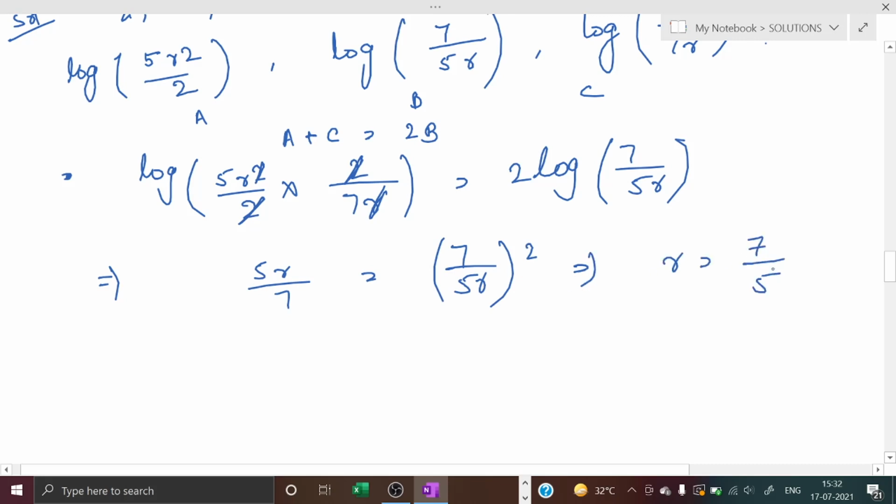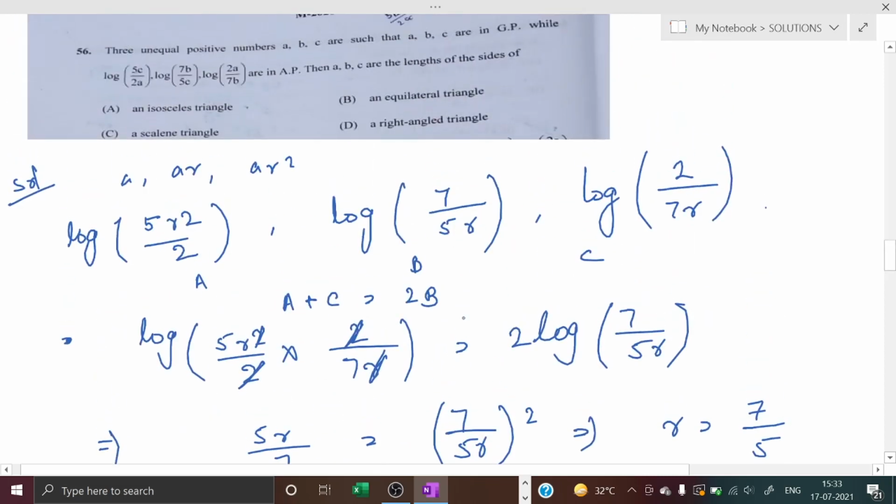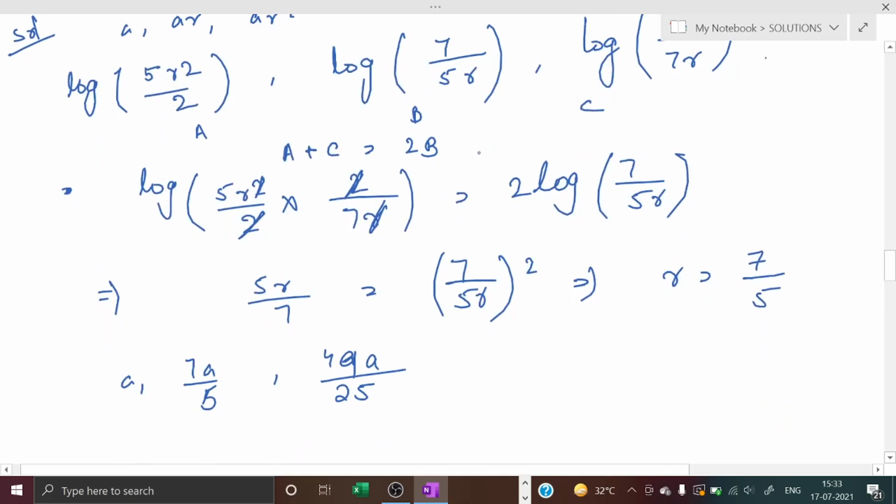So if we have r equals 7 by 5, then we will have the terms as a, 7a by 5, and 49a by 25. So these three terms are, see what are the options. Isosceles triangle, of course not. We have all three terms different. Equilateral triangle, of course not. All the three sides are not the same. Right angle triangle, let's check for right angle triangle.